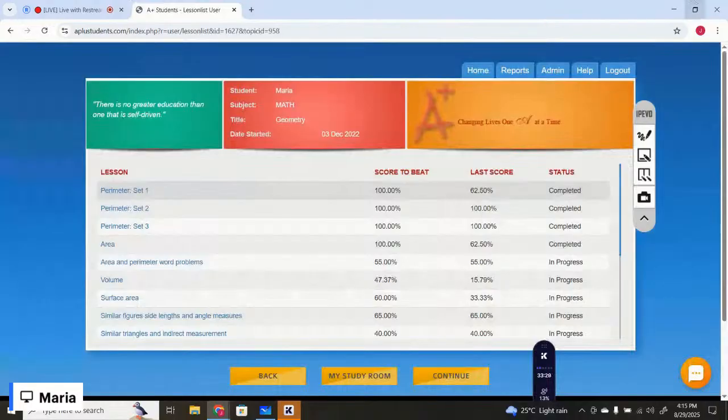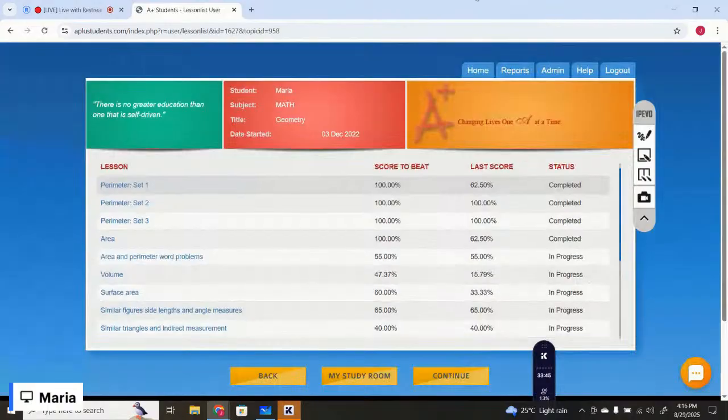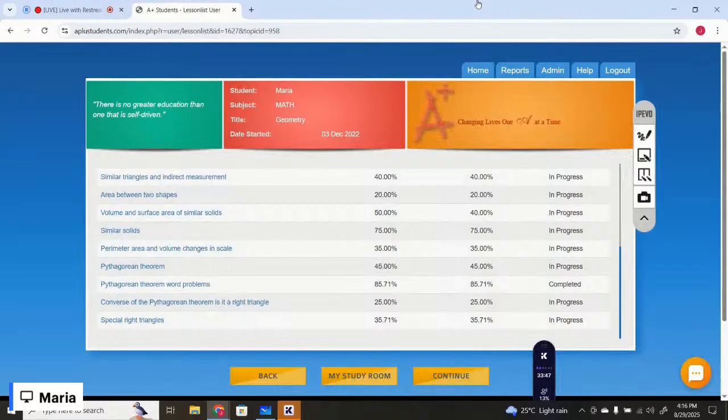The next lesson is the converse of the Pythagorean theorem: is it a right triangle?